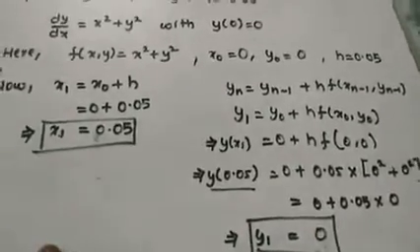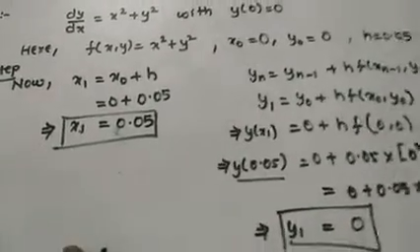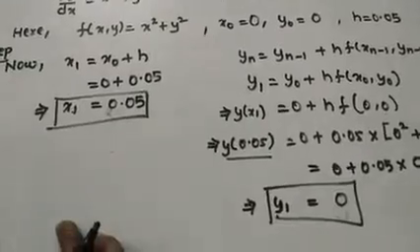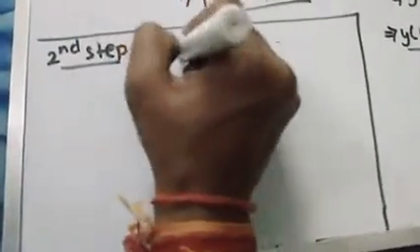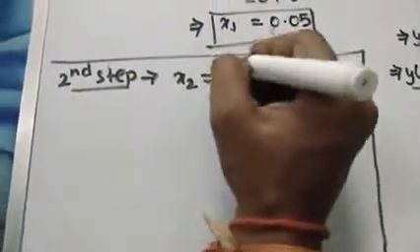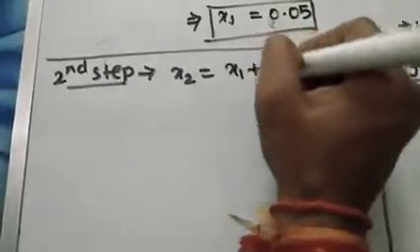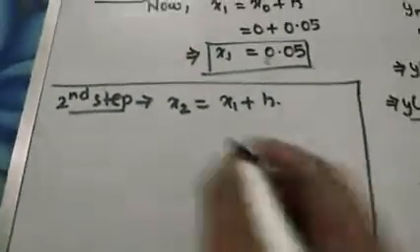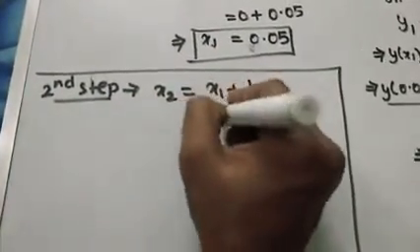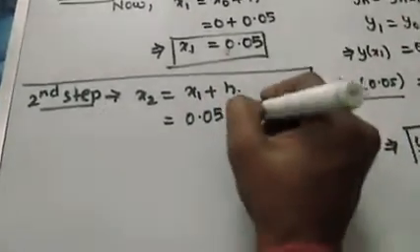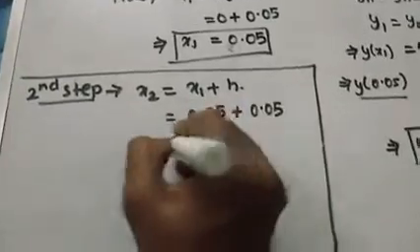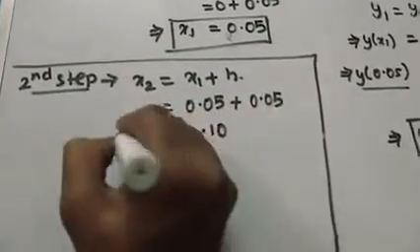Next, what do we have to find? Next step, x2. Second step, x2 equals x1 plus h. Now what was your x1? 0.05. What is your h? 0.05. Adding these two, we get 0.10. This is our x2.